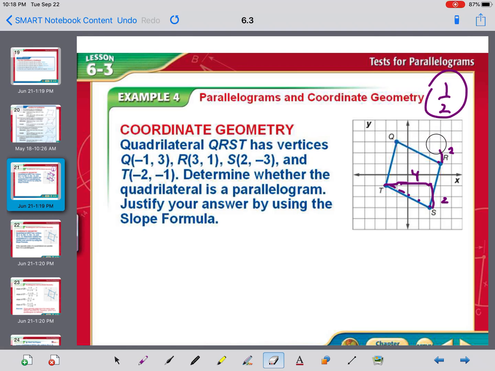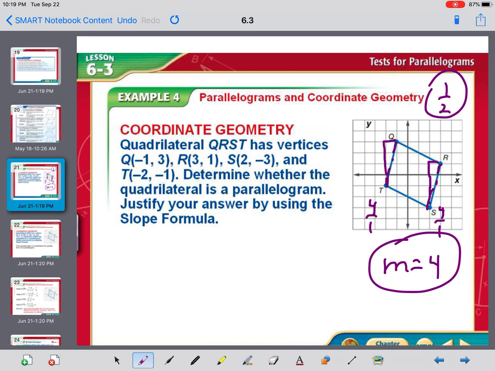So are what is effectively the top and bottom sides parallel? Yes, they have the same slope. Next, I'll try these two sides to see if they're parallel. And so I rise 1, 2, 3, 4, run 1. Rise 4, run 1. The slope of those two are both 4.